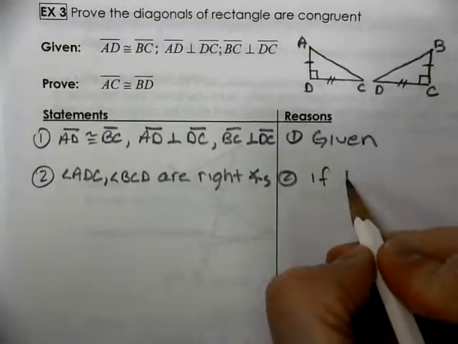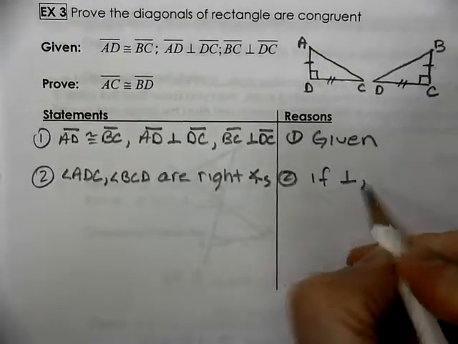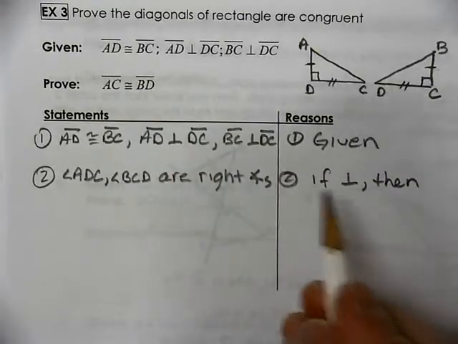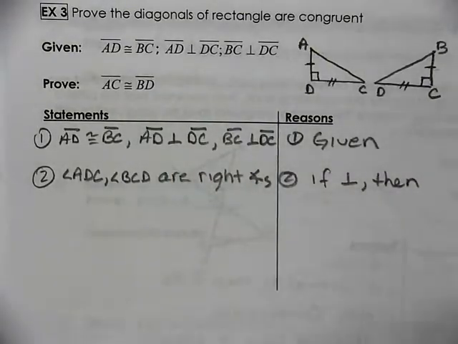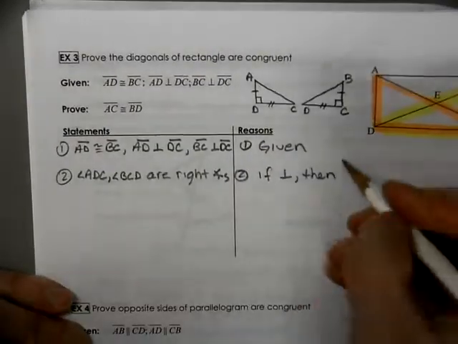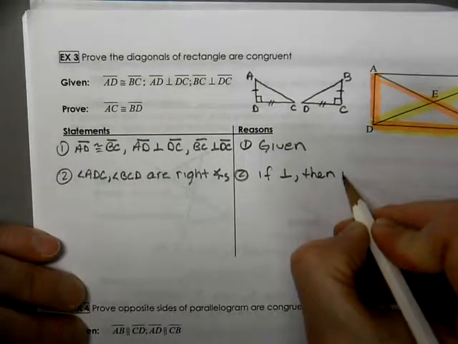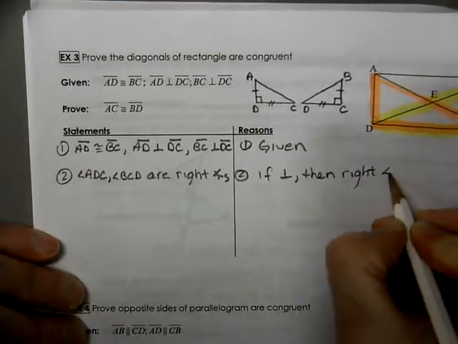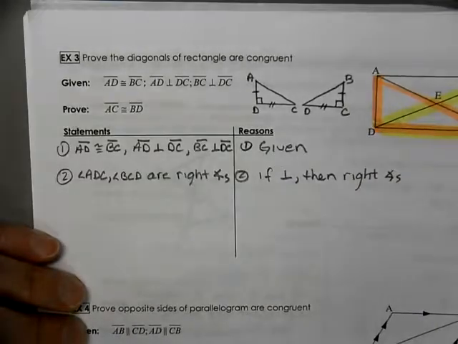If perpendicular, which we have, that was the given, that happened earlier, if happens earlier, then right angles.